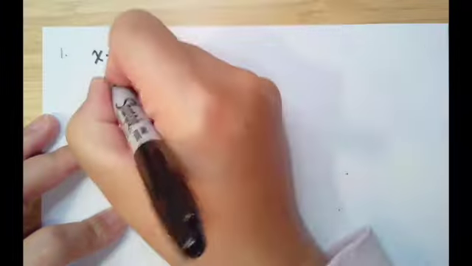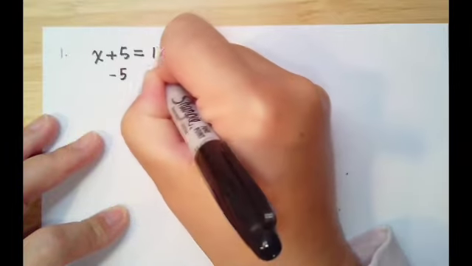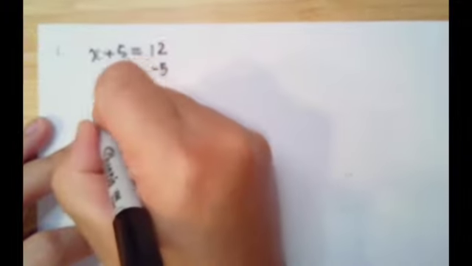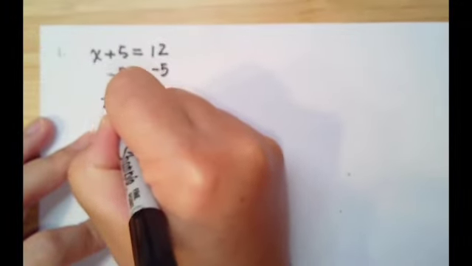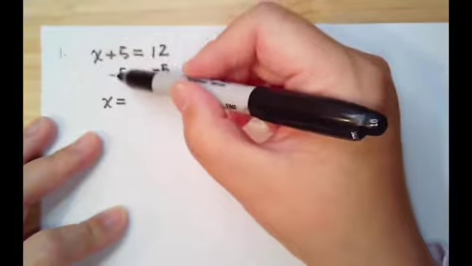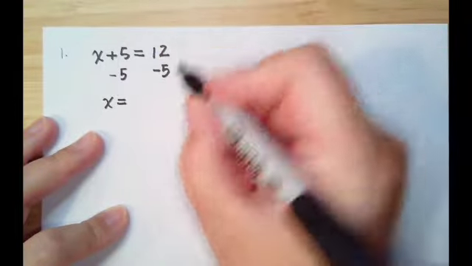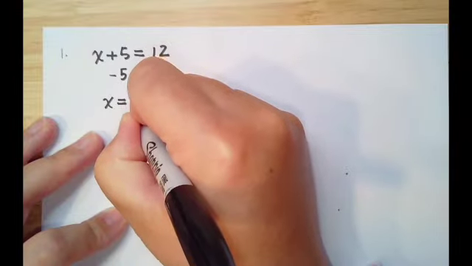So plus 5, so you're going to minus 5 on both sides. Therefore, you're going to get x equals, so plus 5 minus 5 get canceled out because they add up to 0. And here 12 minus 5, that's 7.